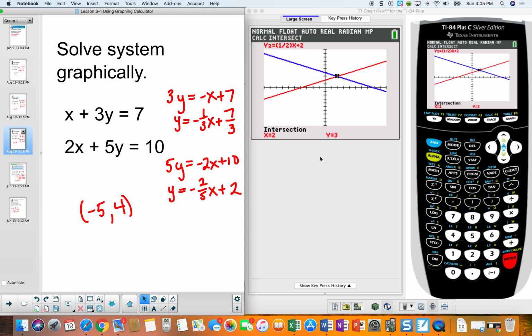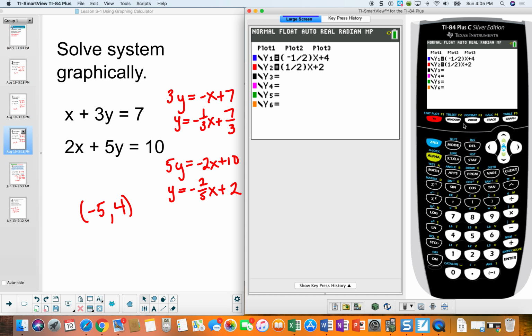Next one. Let's go ahead and press y equals. We're going to clear. Go down. We're going to clear. Up. We have a fraction again, so I'm going to put parentheses, -1 divided by 3. We want to keep the accuracy, so don't do any rounding.